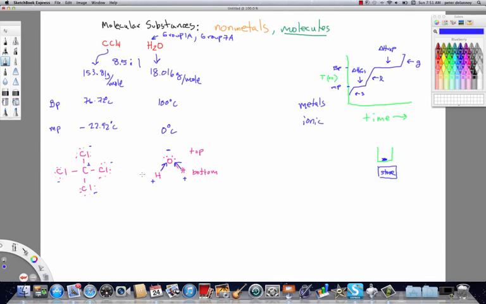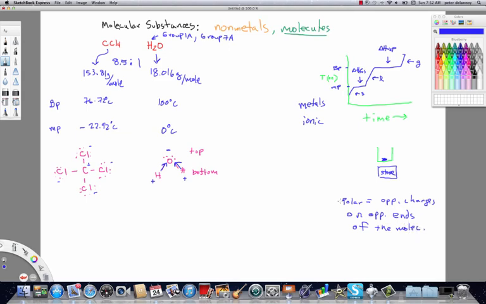Now the question becomes, are either one of these molecules polar? And when we define the concept polar, what we mean to say is a molecule that has opposite charges on opposite physical ends of the molecule.